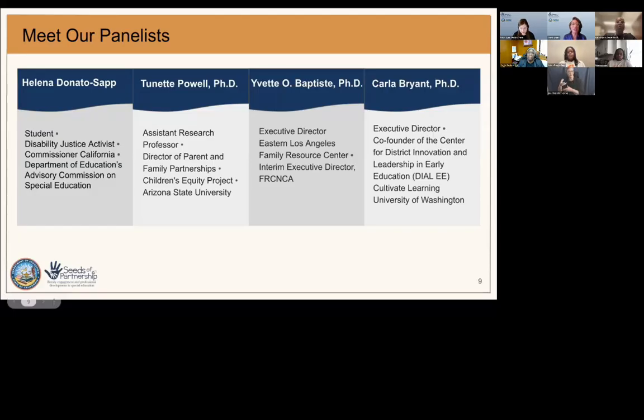She is the co-founder of the Center for District Innovation and Leadership in Early Childhood Education, which sits in Cultivate Learning at the University of Washington. She focuses on supporting school districts to succeed in creating and implementing effective early learning structures that assist children from communities with less social, political, and monetary capital to build a strong educational foundation.